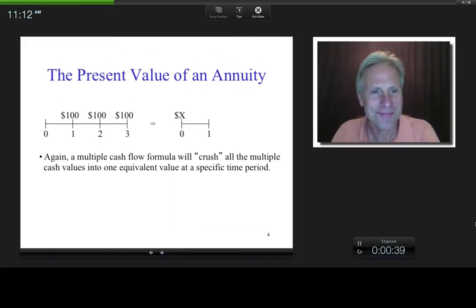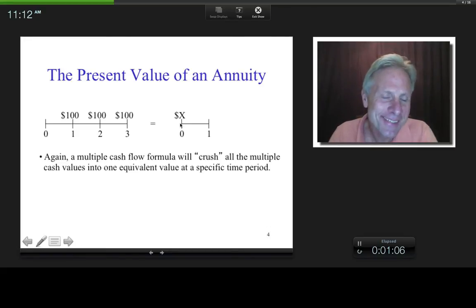So what is an annuity? Equal cash flows between equal time periods that end at some point, so over a finite period of time. And the goal of this present value of annuity formula is to do what? Basically to take all of these cash flows and crush them into one single number at one single time period. So here's my question.